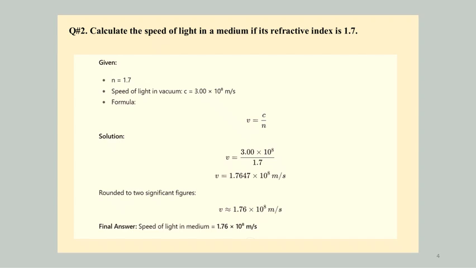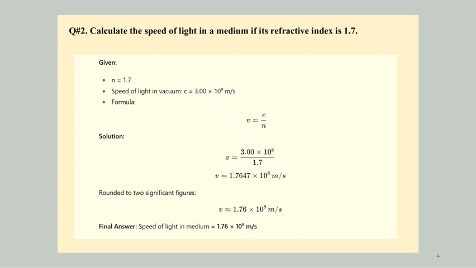So we have refractive index 1.7 and the speed of light in vacuum, and we will use the formula v is equal to speed of light divided by refractive index. We have both values, so we will find the speed by putting the value of speed of light in vacuum divided by refractive index.